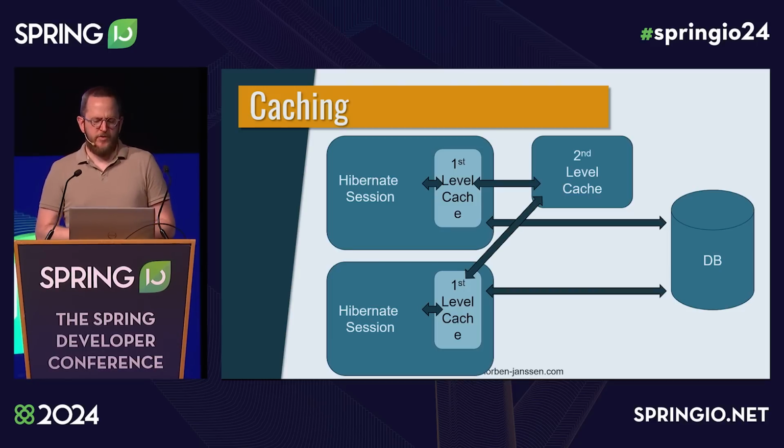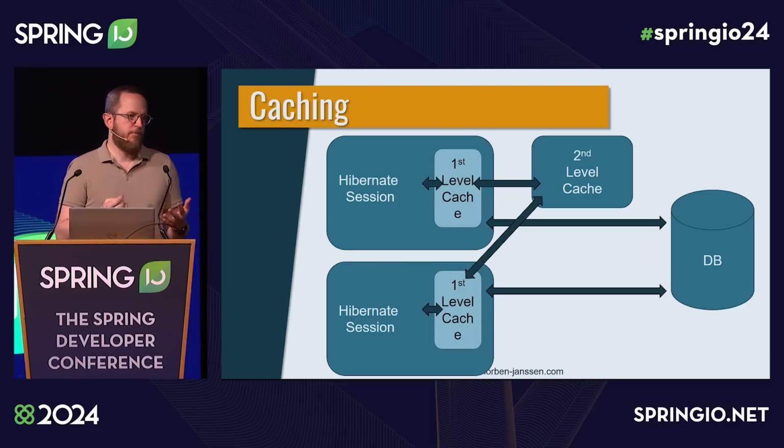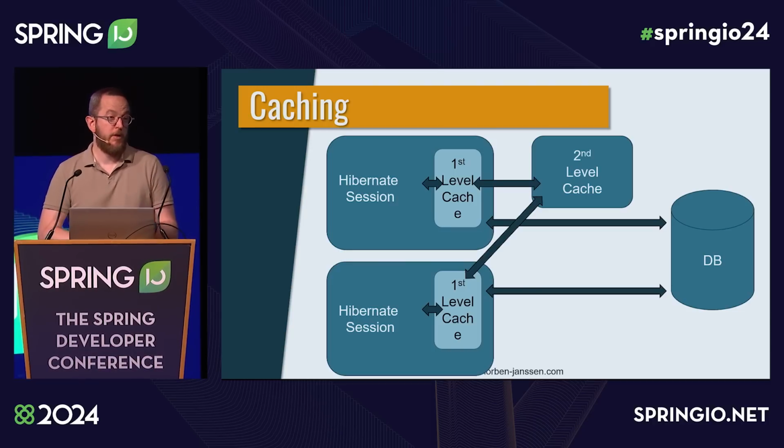To make it even worse, you only read from the cache if your persistence provider tries to resolve a primary key reference to an entity object. So if you try to get a chess player by its primary key, but not with a custom query, only when traversing associations or calling the entity manager find method.